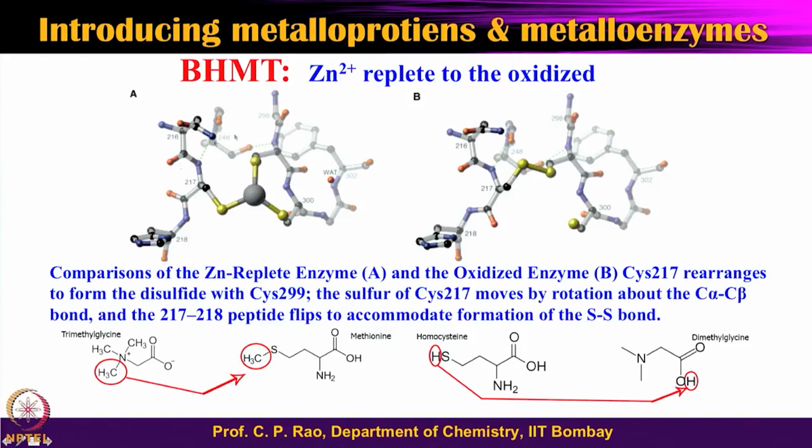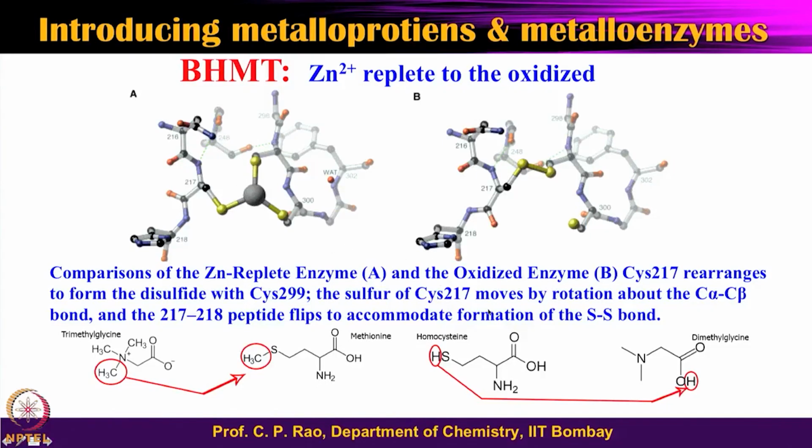So, this is the replete enzyme where the zinc is present, the oxidase enzyme, where zinc is out of the coordination sphere, and that is what you call the oxidase enzyme and the replete enzyme. In this, cysteine 217 is the one that rearranges to form a disulfide with 299. So, 299 is with this one, and it will form a disulfide bond.